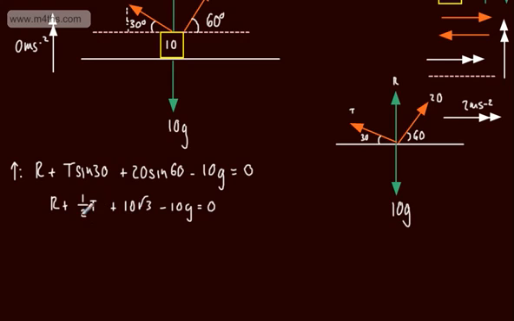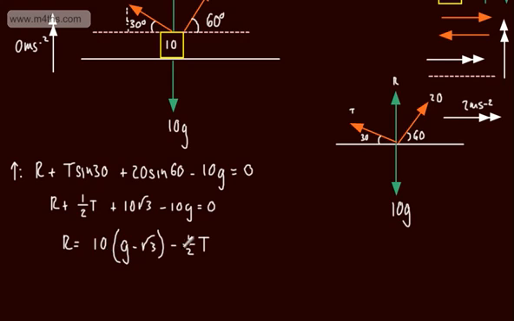So I could express R in terms of T. So what we could say then is R would be equal to 10G minus 10 root 3 minus 1/2 T, or I could say 10 lots of G minus root 3, minus 1/2 T. So I've expressed R in terms of T. You can do it any way round.